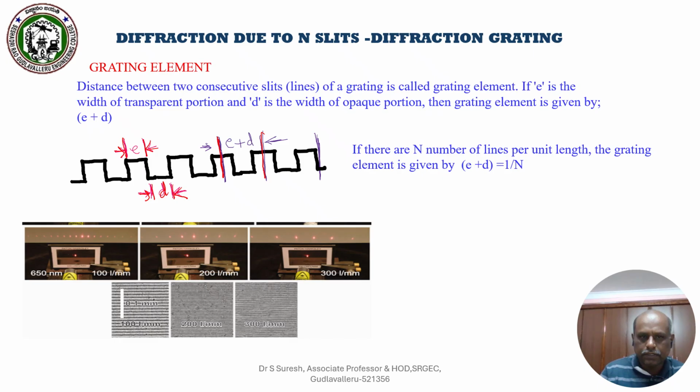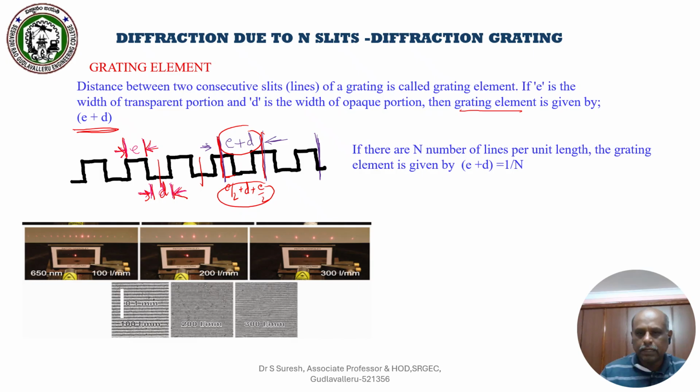Center to center of the transparent regions, the half of this width is e by 2, the opaque region is d, and again the half of the transparent region e by 2. So the total together becomes e plus d, and this e plus d we will call the grating element. What does the grating element stand for? It is the distance between the centers of two adjacent transparent regions or two adjacent non-transparent regions also. Right? So that we will call the grating element.